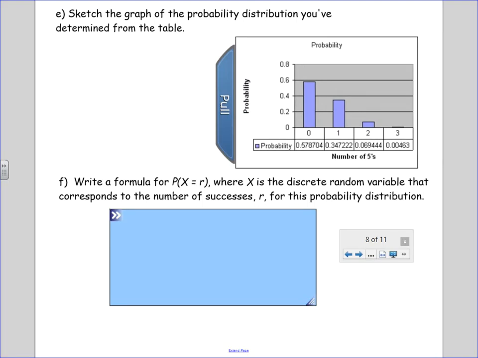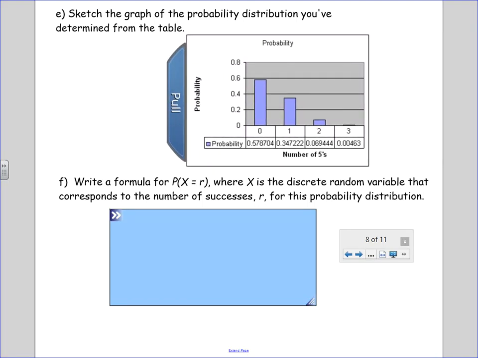So here's a sample that I created in Excel, simply by, as you can see down here, calculating the decimal representation for each of the probabilities, and then placing them into the chart.